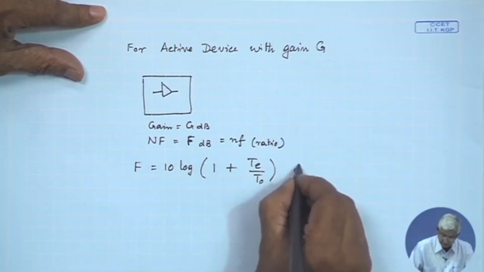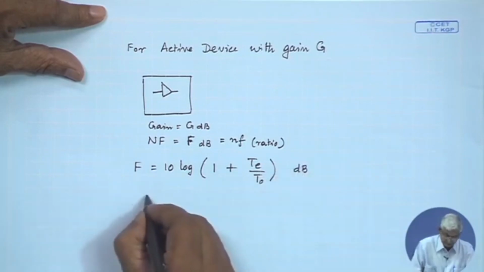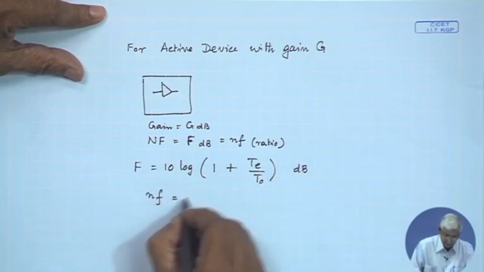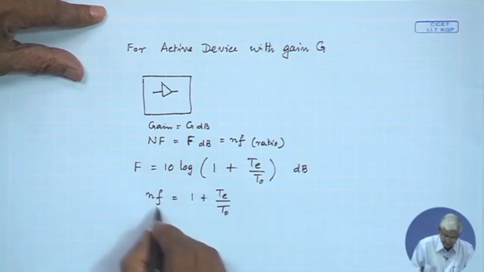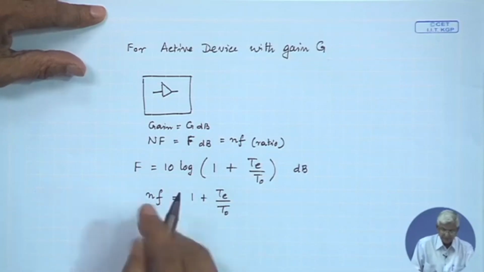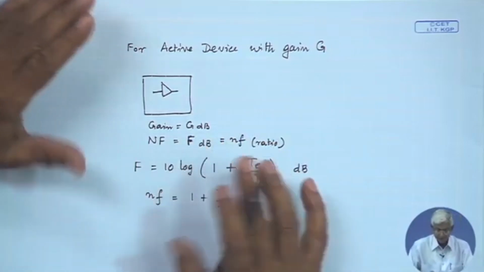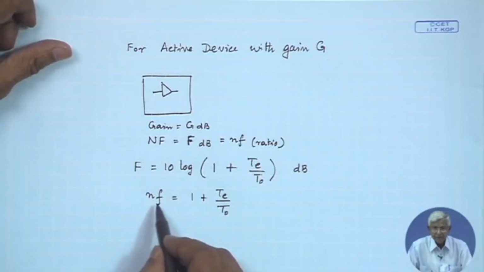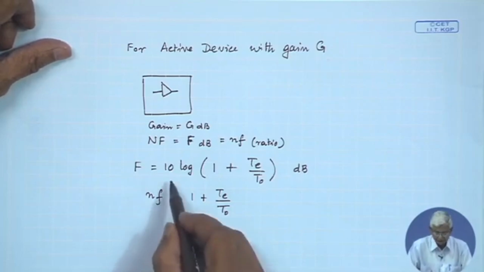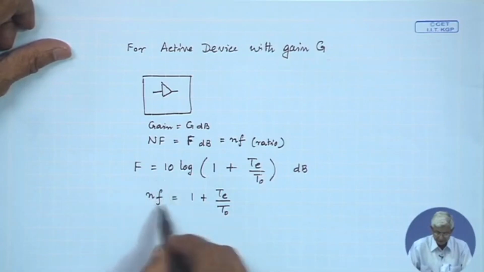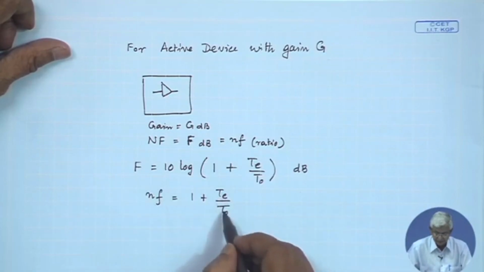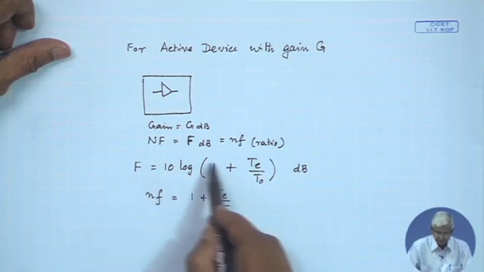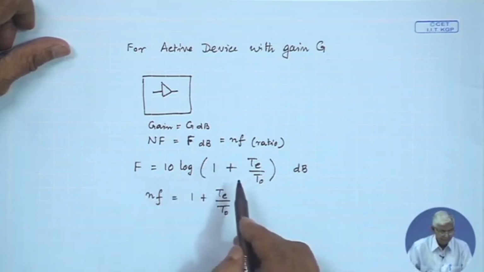Since it is 10 log, this is in dB, and the noise figure in ratio will be simply 1 plus T e by T 0. Earlier we said capital F just to make sure that you do not make any mistake. That is why we are calling it nf, that is ratio, not in dB. Don't confuse. When it is ratio, the temperatures are simply numbers in ratio, T e by T 0. When it is in dB, it has to be 10 log of that.